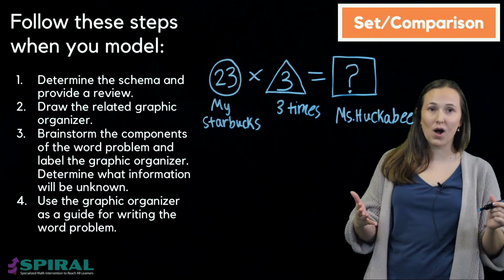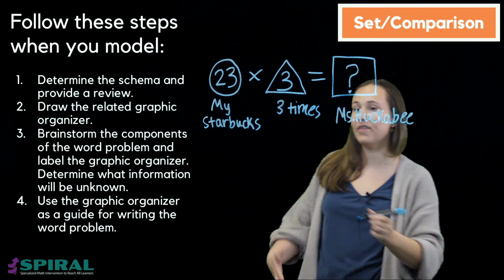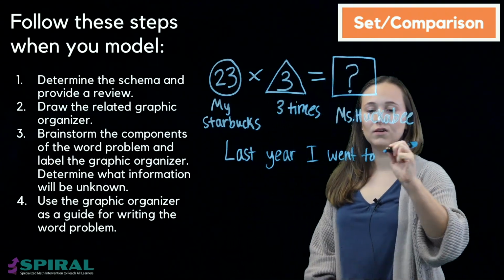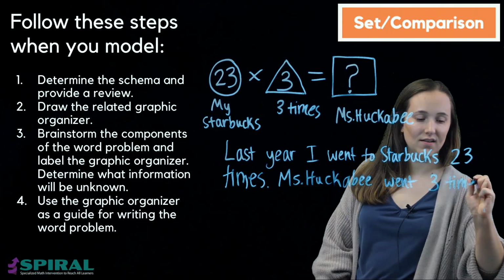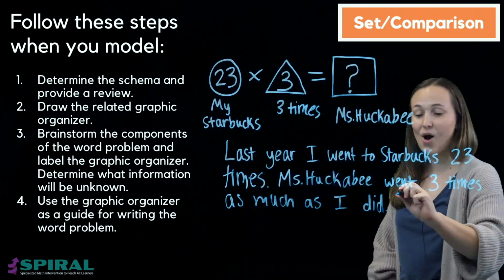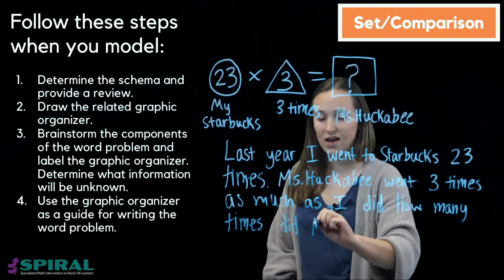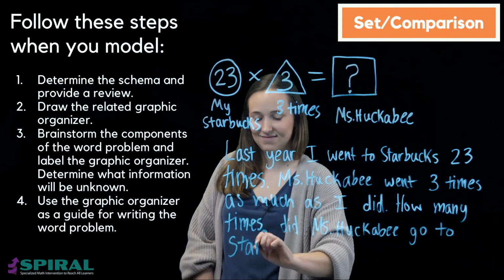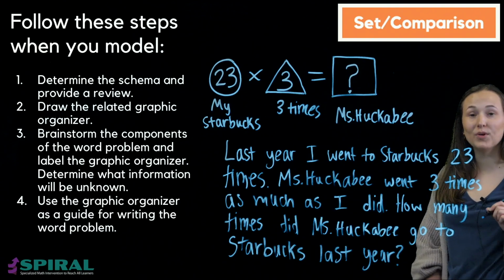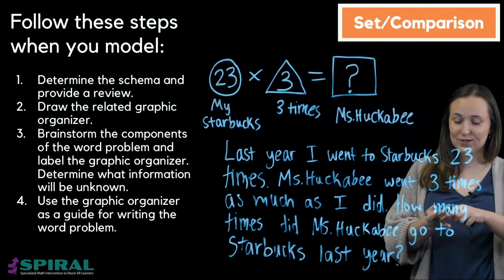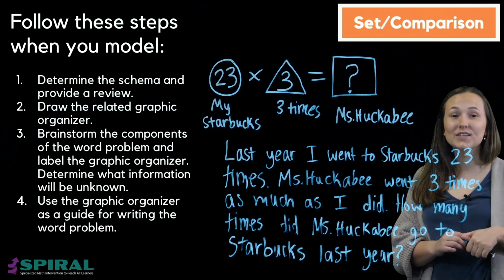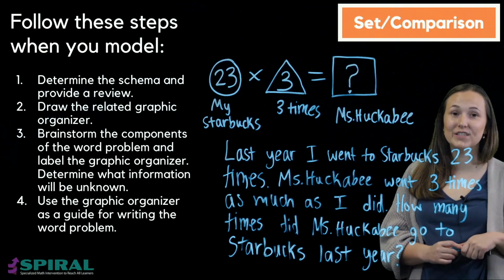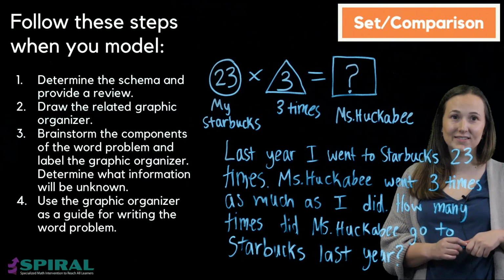So my word problem might begin with, right. So my set or comparison problem says: Last year I went to Starbucks 23 times. Miss Huckabee went 3 times as much as I did. How many times did Miss Huckabee go to Starbucks last year?